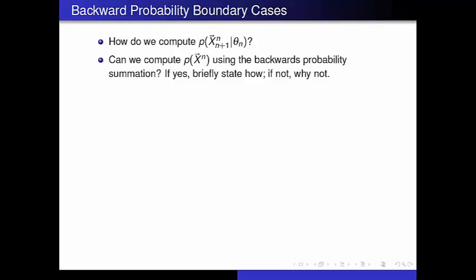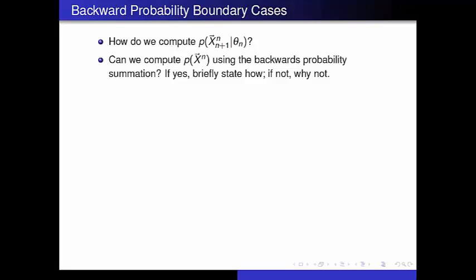The backward calculation is intended to be computed backwards, starting from the one at the end when t equals n, and then we compute it for t equals n minus 1 from that, then at t equals n minus 2 from what we computed at t equals n minus 1, and so on. Unless we are clear about what we mean by this, we don't have a starting point.